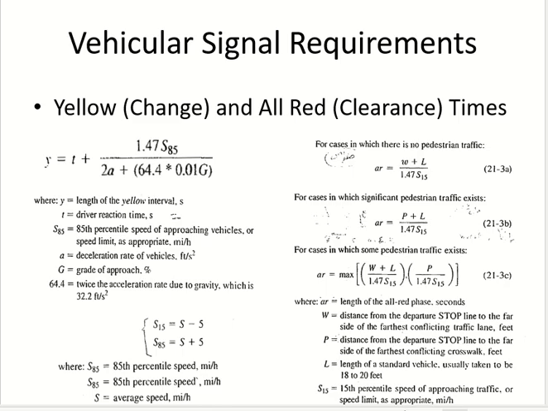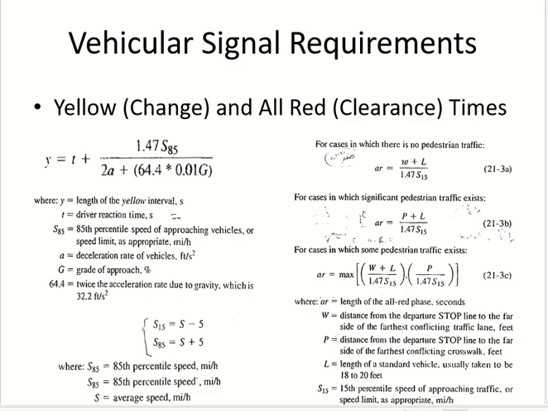Then we have L, which is the length of the normal car, taken as 18 to 20 feet. And then we have P. P is the distance from your side to the opposite side pedestrian crossing.